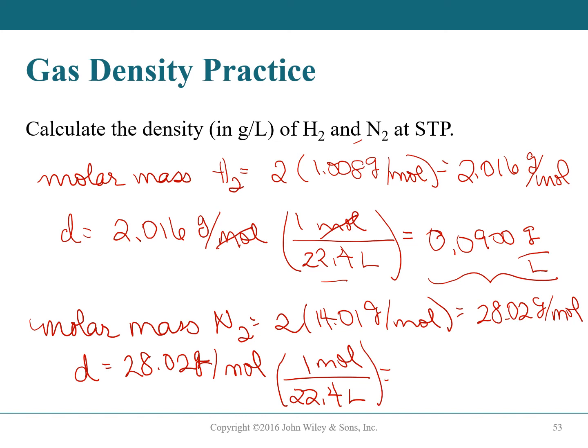And that's going to be equal to 1.25. So this is for nitrogen, and you can see the density is much greater than for hydrogen, which is why with the hydrogen generator lab, we had to store the bottles upside down, because as soon as you collected it, if the bottles were standing upright, it's so light, it would just float out of the bottle. And the nitrogen is so much more dense.